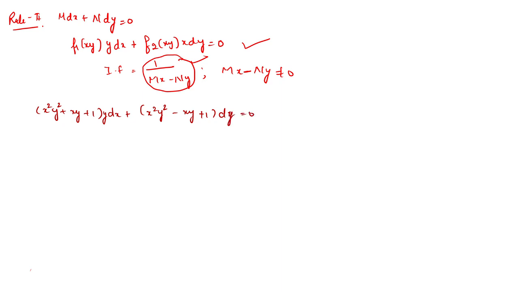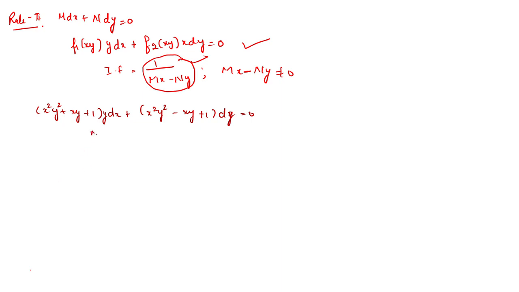Now, before going further to find the integrating factor, let us check whether this equation is exact or not, because only if our equation is not exact do we find an integrating factor. Otherwise, there is no need to find an integrating factor.